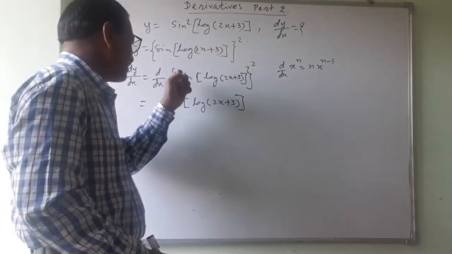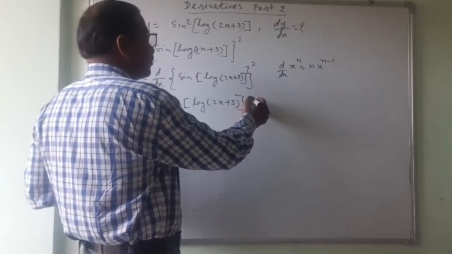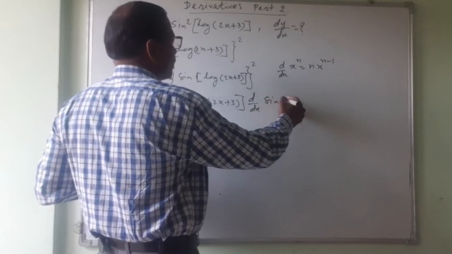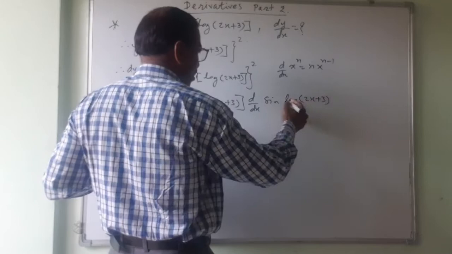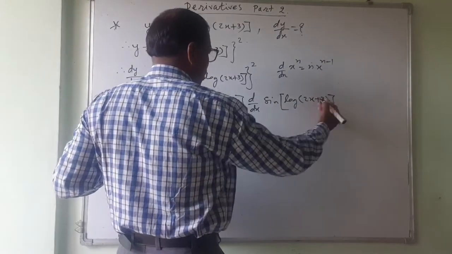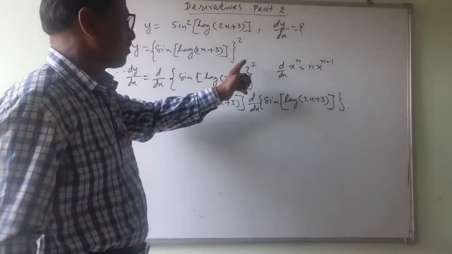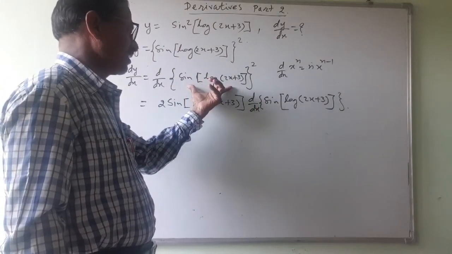Now the next function is this. Of this function I have to take the derivative, into d by dx of sine log of 2x plus 3. First of all, the power I have taken. Now this function I have to take.